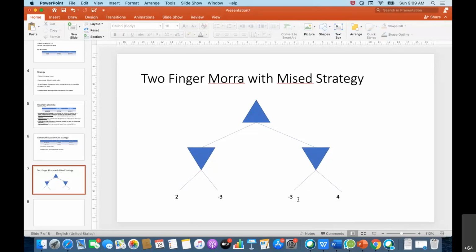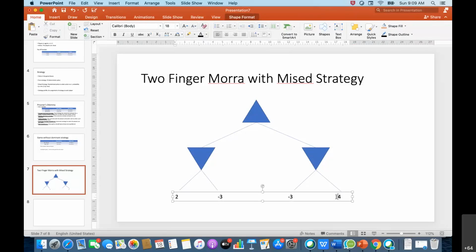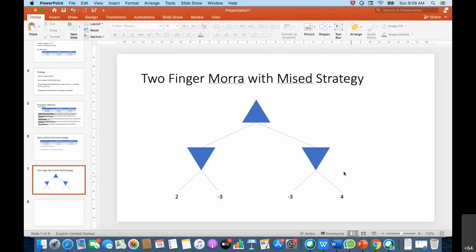Therefore, here also lie two possibilities: O is showing one finger and she is gaining 3 and E is losing 3, that is -3, and O is showing two fingers and E is gaining 4. Okay, so these are the possibilities.